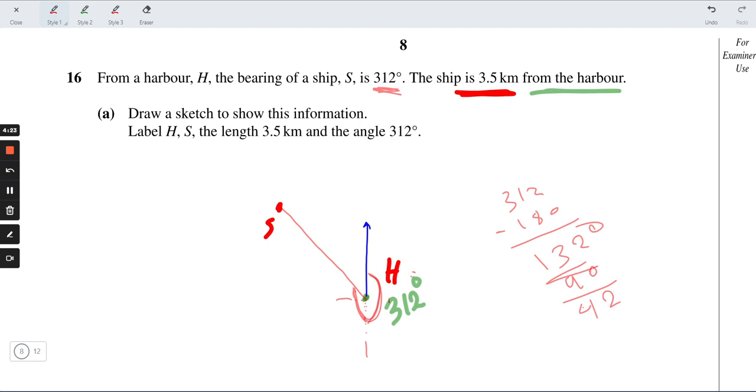So this here will be 3.5 kilometers. Now this is the bearing. For sure here we also have a north line from us.